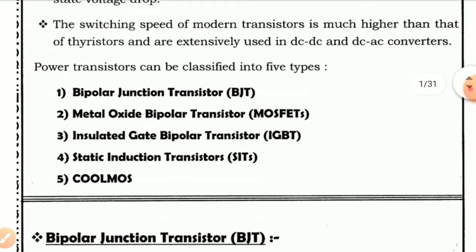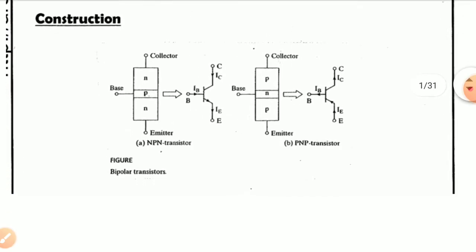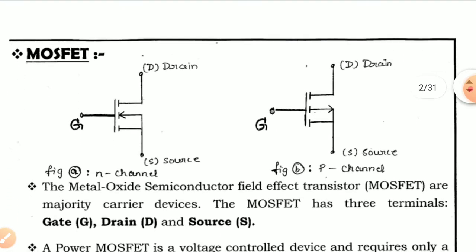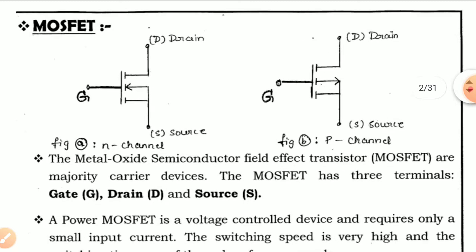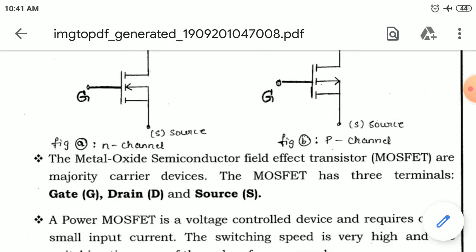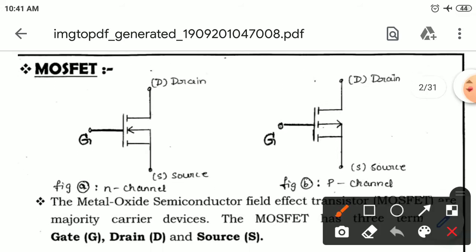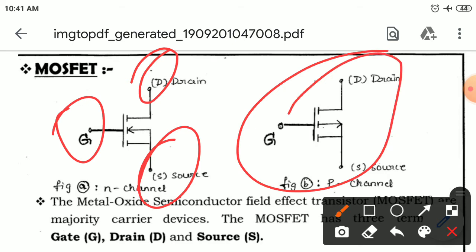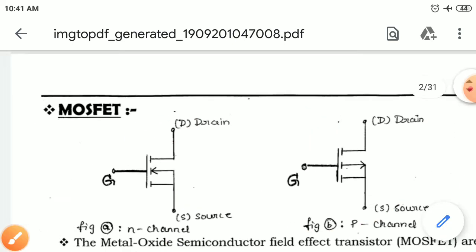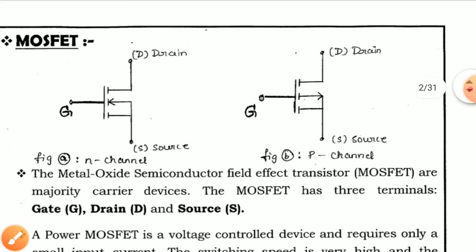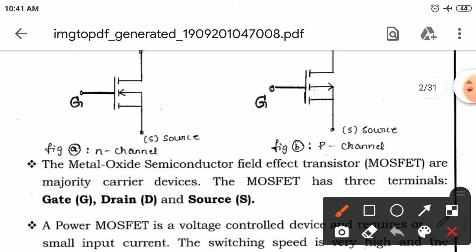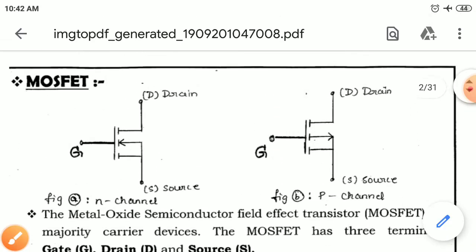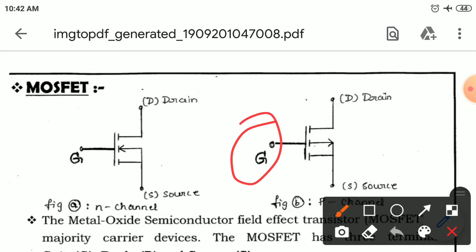I'll just go to the MOSFET symbol here. This is the symbolic representation of the MOSFET, which consists of three terminals: gate, drain, source.